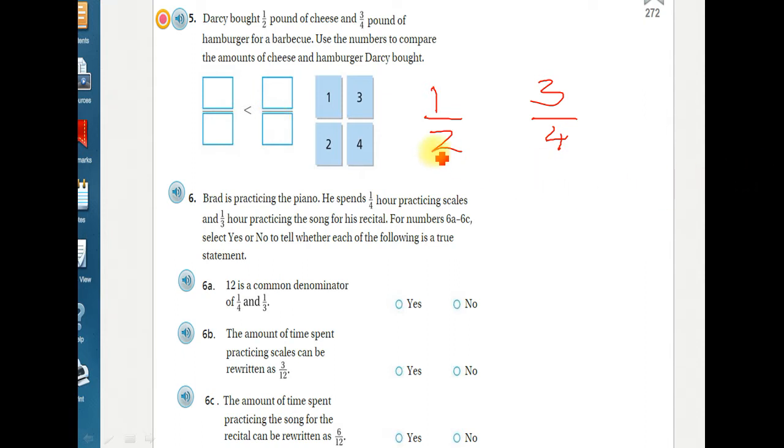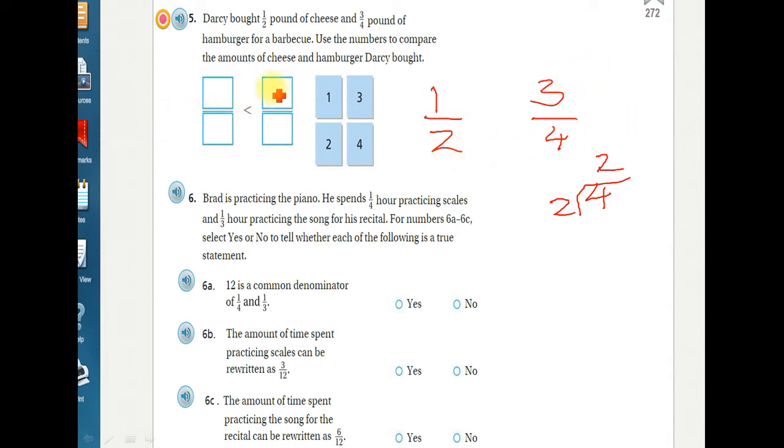Obviously 1/2 is equal to exactly 1/2, but for 3/4, if I look at 4, the denominator, as my benchmark, half of 4, so I'm breaking that 4 into 2 halves, would be 2, so 2/4. Well, is 2/4 less than 3/4 or greater than 3/4? Well, 2/4 is less, so we know 2/4 is equal to 1/2, so 3/4 must be bigger than 1/2.